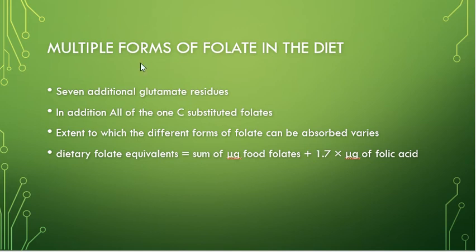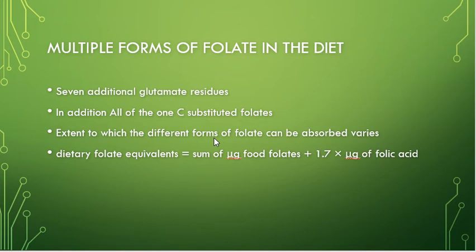There are multiple forms of folate present in the diet, with up to 7 additional glutamate residues linked by gamma peptide bonds. In addition, one carbon substituted folates may also be present in foods.